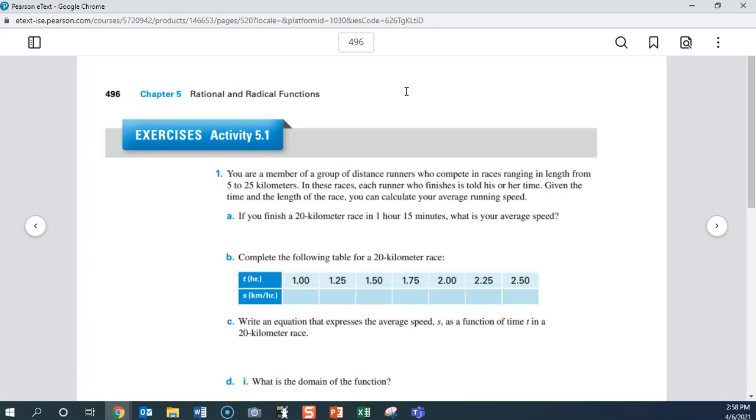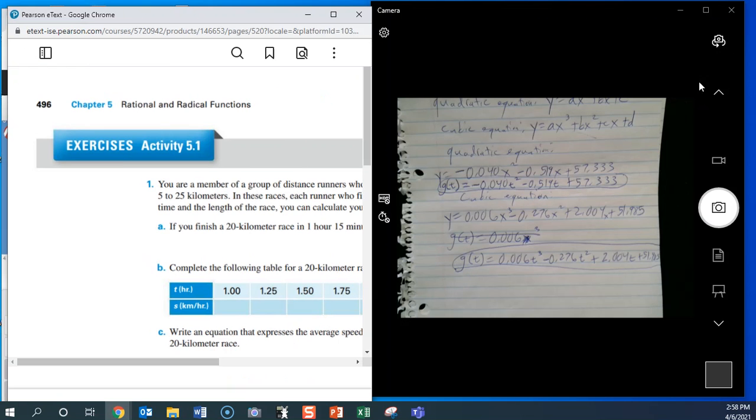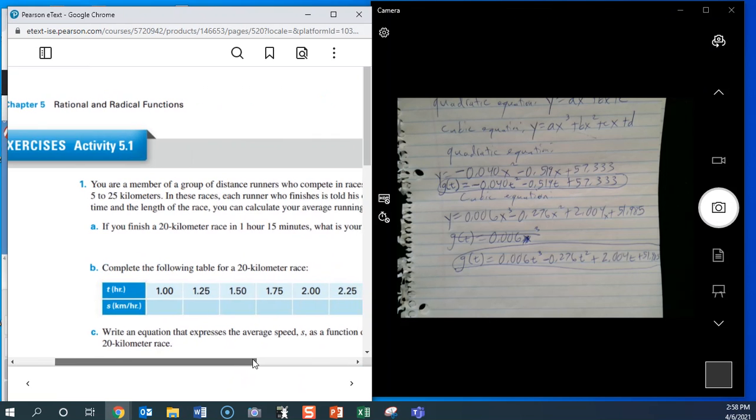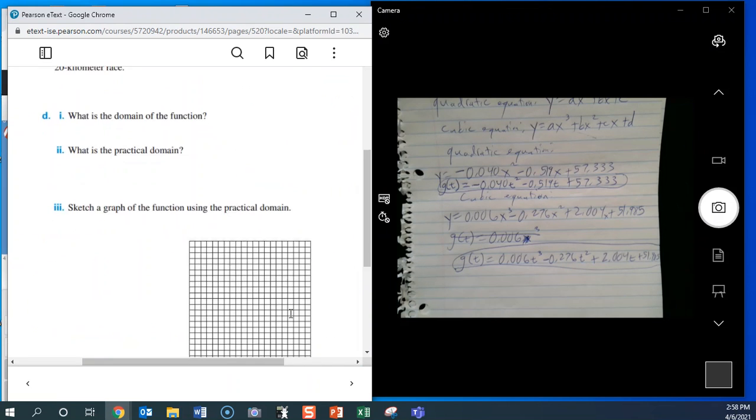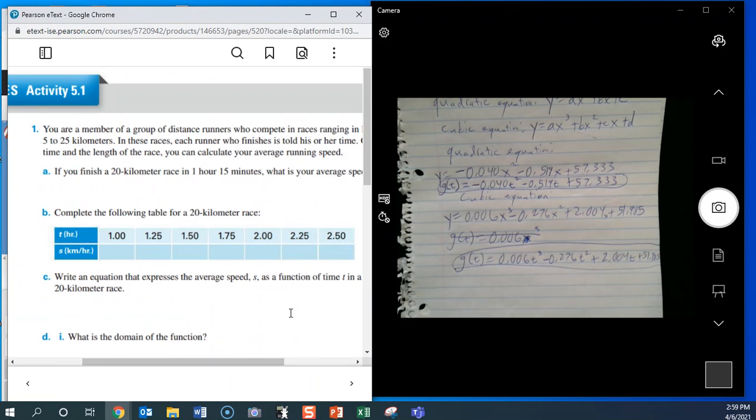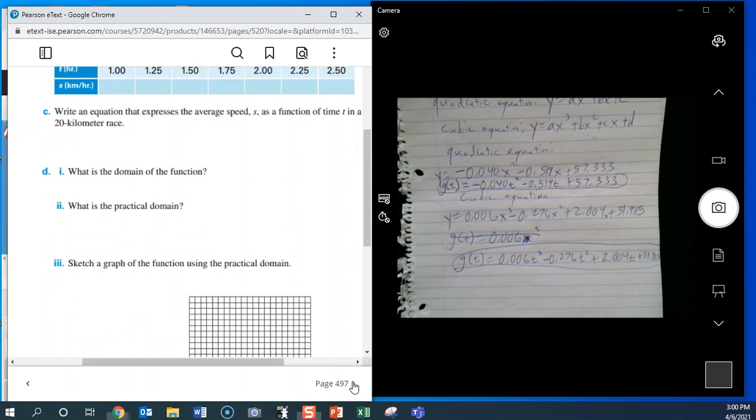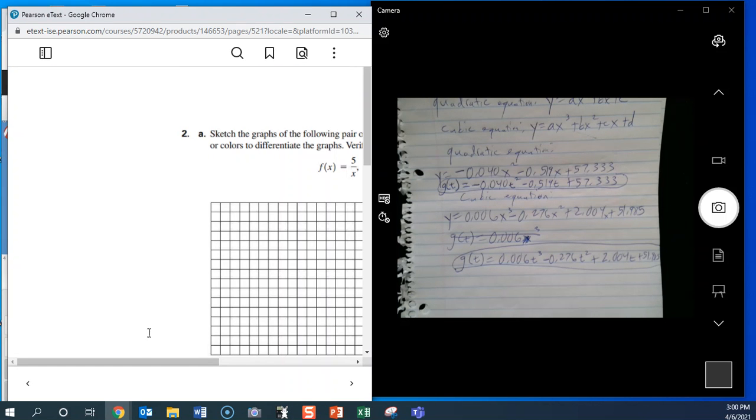So we got page 496. And remember, it's 1 through 4 all, but I'm not going to do all 4 problems. I think I'll do problems 2 and 4. So we will need to go to the next page, which is 497.